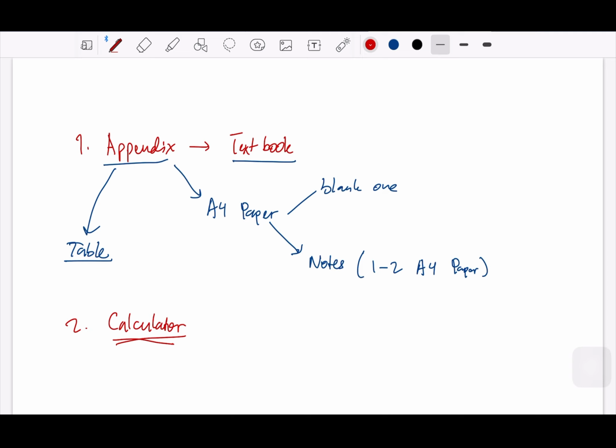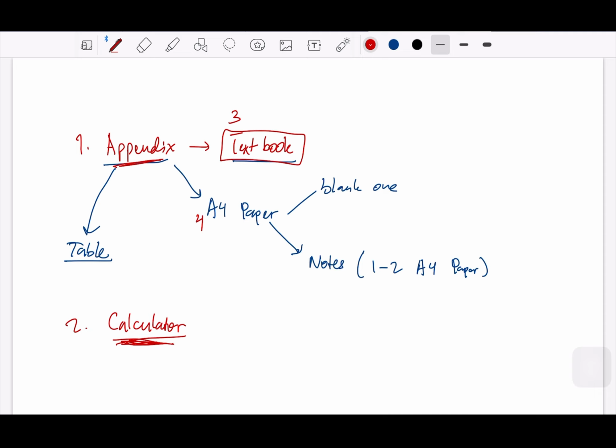If you use a digital device, sometimes it's not really reliable in my experience, but if you feel that it's the way to go, then it's okay. But my suggestion is just to prepare your calculator. So prepare the appendix, of course the whole textbook if you have it, and maybe A4 paper, several papers.